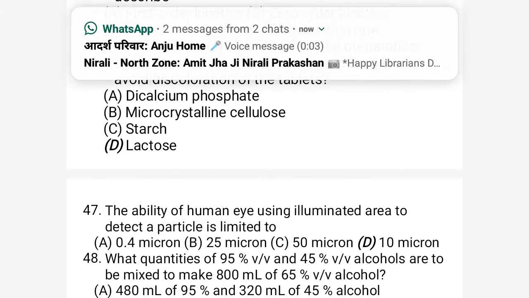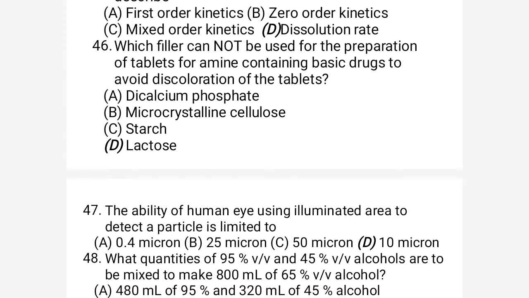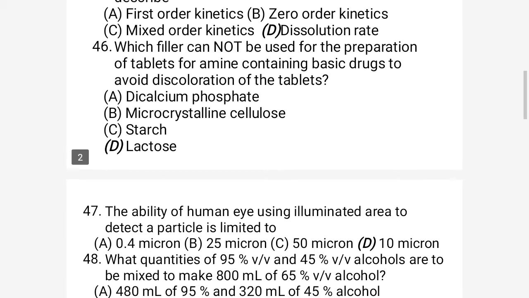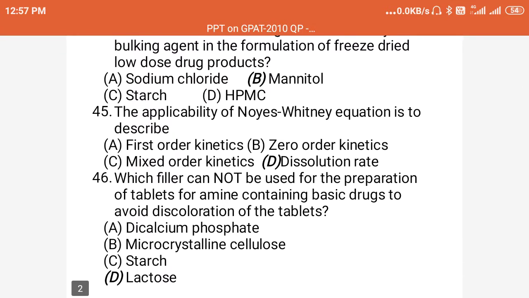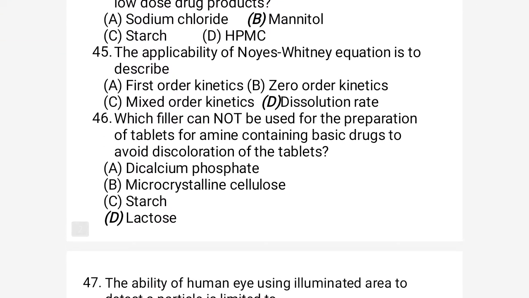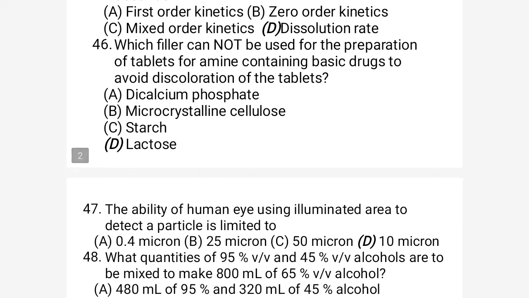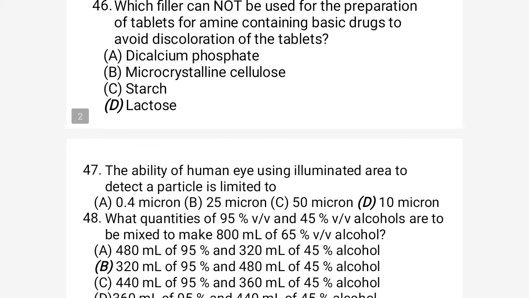So if any drug contains an amino group, lactose should not be used as an excipient for drugs that are basic in nature. As a bulking agent or filler, we cannot use lactose.